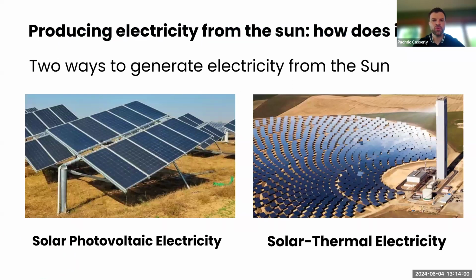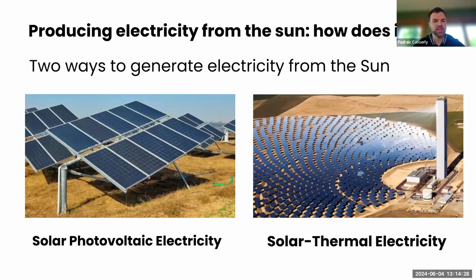So there are two ways to generate electricity using solar energy. One is called solar photovoltaic electricity, and the other one is solar thermal electricity. Solar thermal electricity generates electricity by heating up a liquid to generate steam, and that steam spins a turbine to produce electricity.